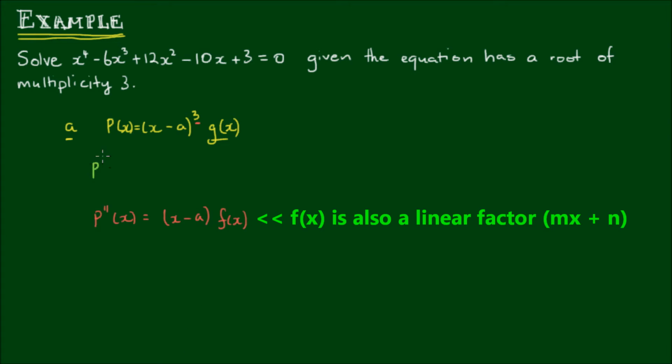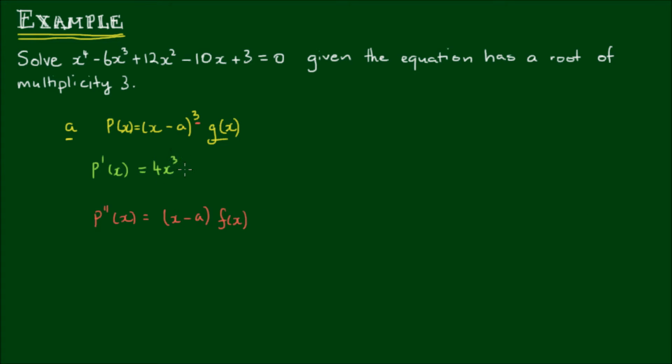Okay, so the first derivative, p prime of x, is equal to 4x cubed minus 18x squared plus 24x minus 10. And the second derivative, p double prime, will be equal to 12x squared minus 36x plus 24. And I'm going to set this equation equal to 0 to find the factors we need.